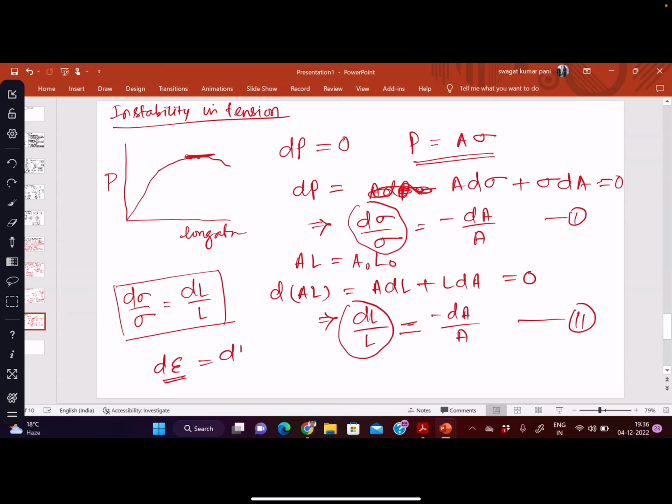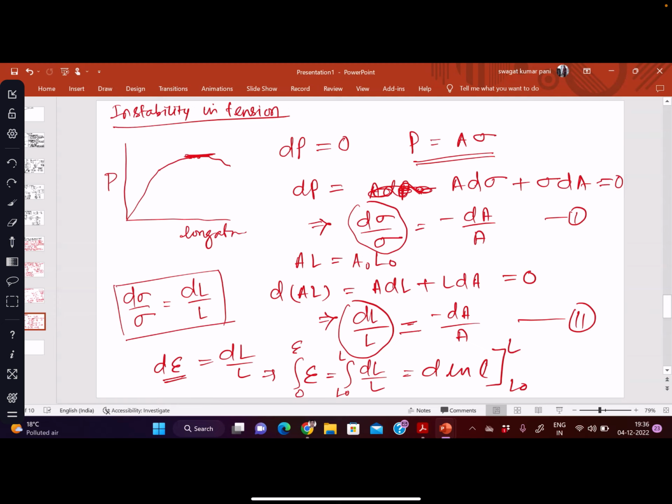If we integrate this from 0 to epsilon, and from L0 to L of dL by L, this will be d ln L with the limits L0 to L. So this will be ln L by L0. This is the definition of true strain, and this is how we get this relation. So the first basic relation is this, and from this we derive the main equation. So this dL by L will be d epsilon.